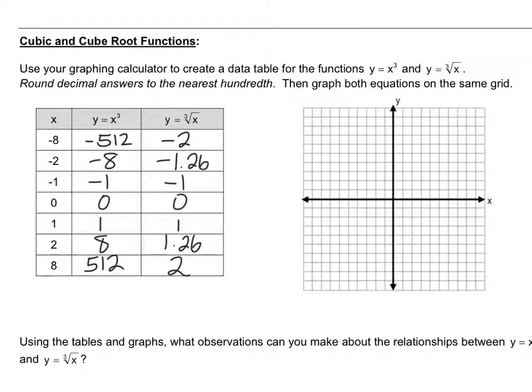Just like yesterday, we're going to graph some of these points, but not all of them. The obvious thing is the -512, not plotting that. But I don't even want to plot -1.26.